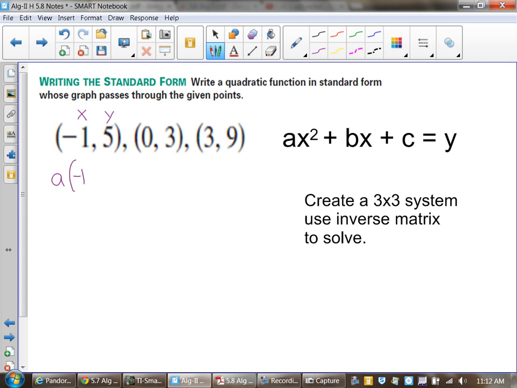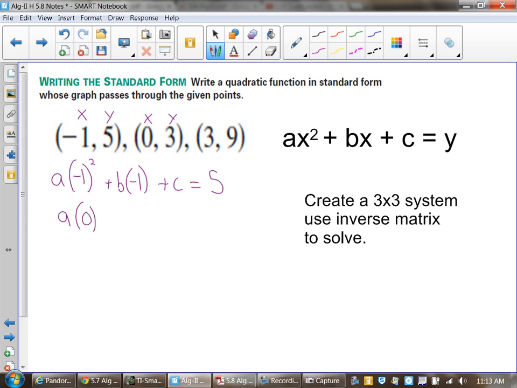A times negative 1 squared plus b times negative 1 plus c equals 5. All I did was take the standard form and substitute in for x and y. Is that right? I'd do that again for the next set.